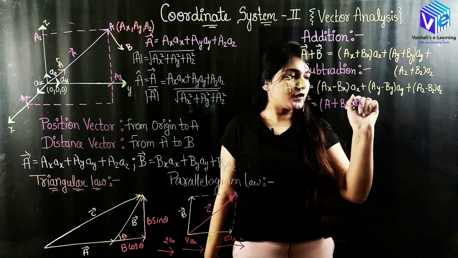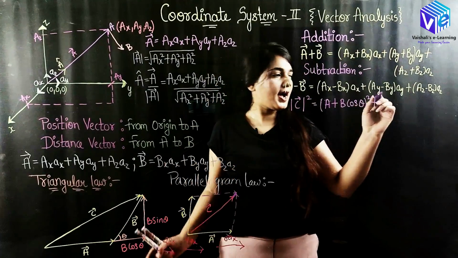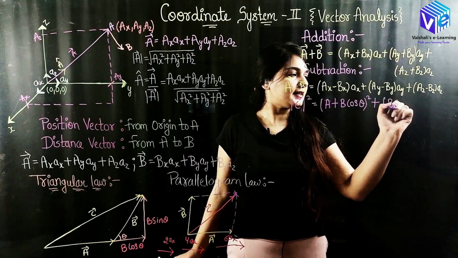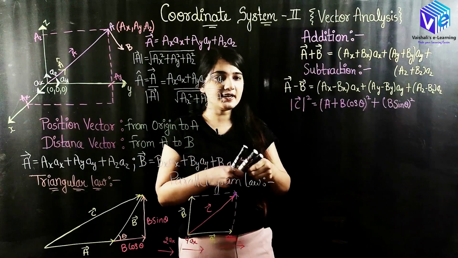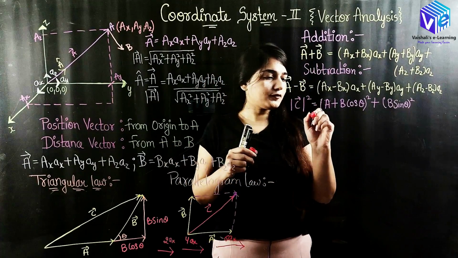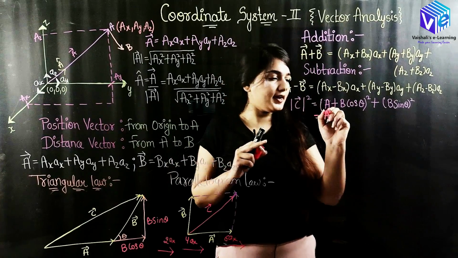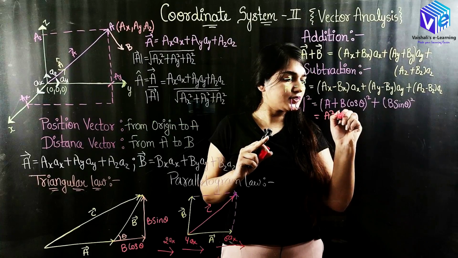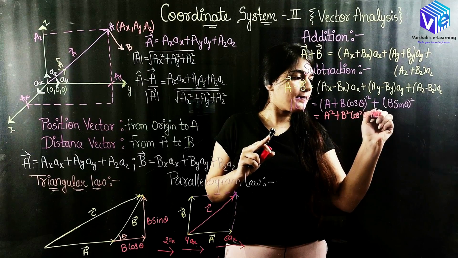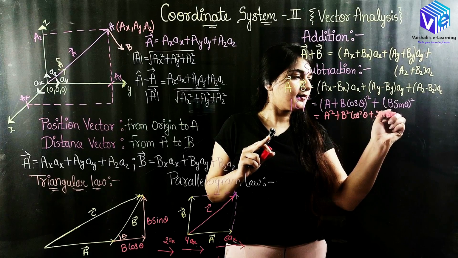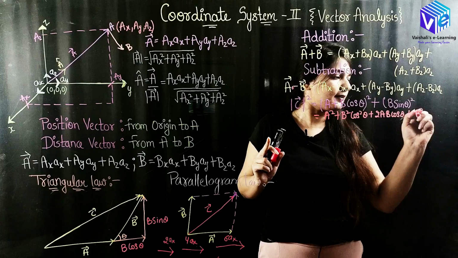So (a plus b cos theta) squared is the base squared. The height is (b sin theta) squared. This is how I can represent the Pythagoras theorem. Now I will expand this equation. So it will be a square plus b square cos square theta plus 2ab cos theta, plus b square sin square theta.